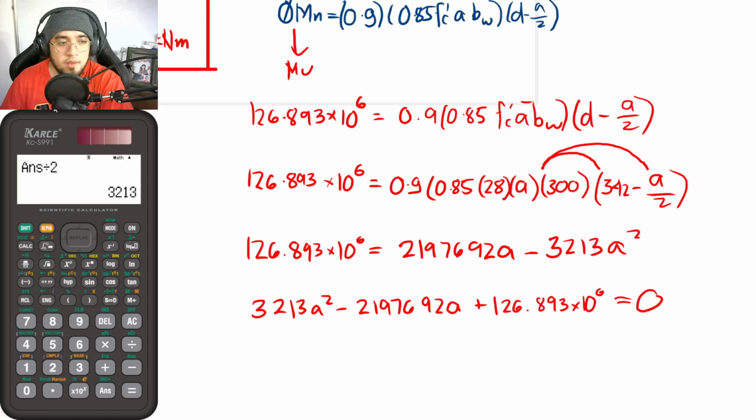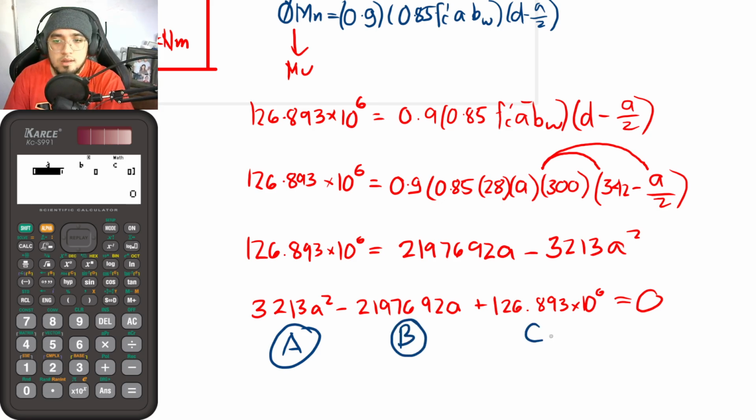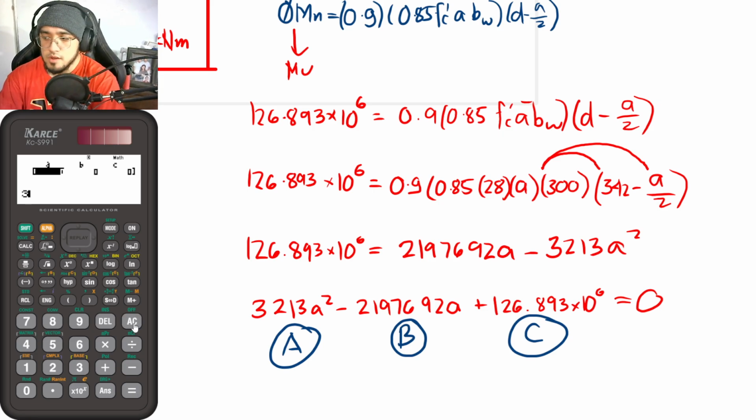Okay, so from that, guys, I will now be typing them into our calculator. So I will now go to mode 5.3. So once again, I will be assuming that this is A, this is B, and this is C. Looking at the calculator to your left: 3213, negative 2197692, positive 126.893 times 10 raised to 6.